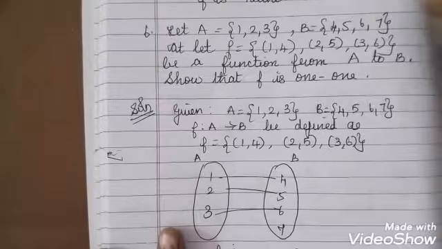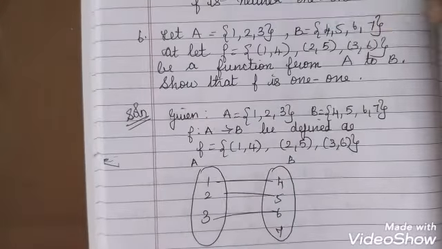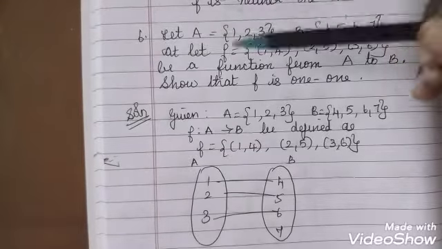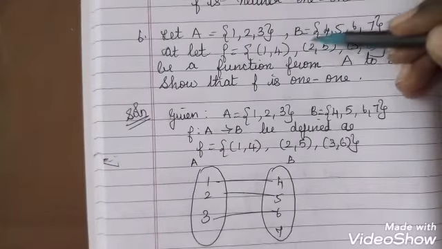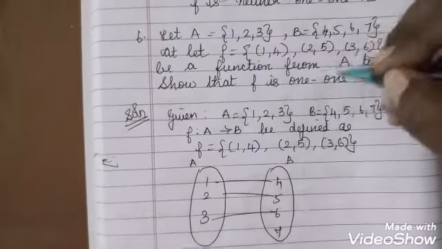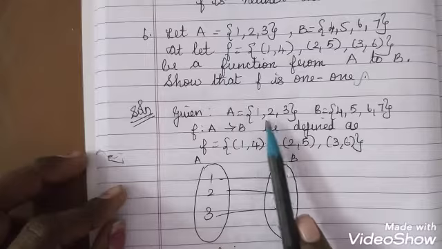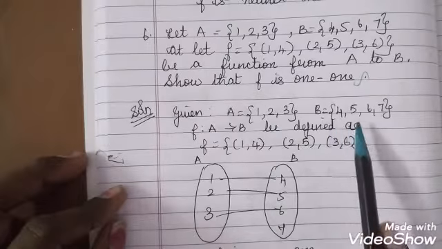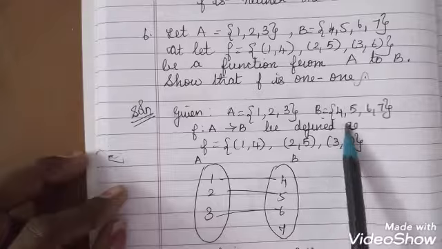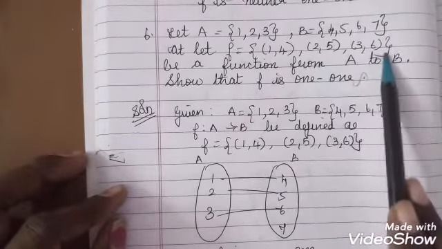The sixth question: let A be equal to {1, 2, 3}, B to be equal to {4, 5, 6, 7}, and let f be equal to {(1, 4), (2, 5), (3, 6)} be a function from A to B. Show that f is 1 to 1. So given A equal to {1, 2, 3}, B equal to {4, 5, 6, 7}, f from A to B is defined as f equal to {(1, 4), (2, 5), (3, 6)}.